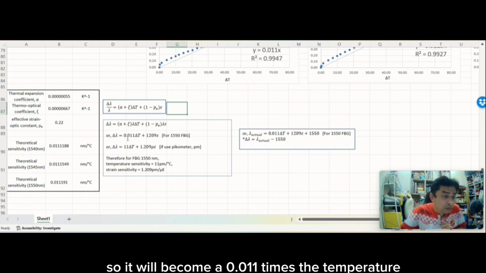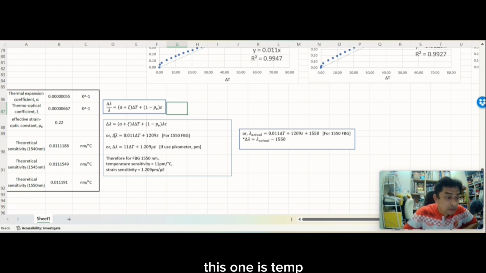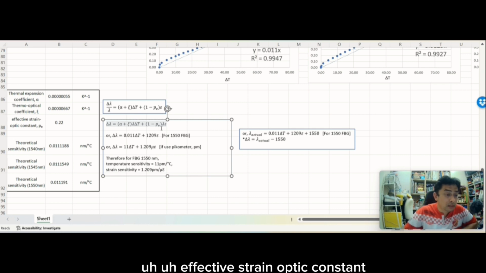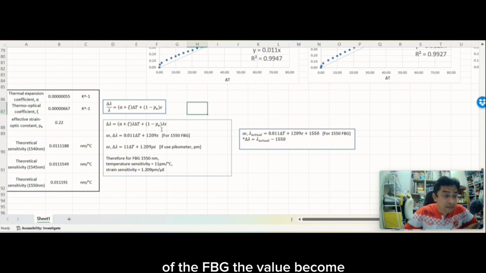It becomes 0.011 times the temperature change, delta T, which is the wavelength change, plus 1 minus the strain optic constant, which is 0.22 for normal fiber optics. If we multiply this by the center wavelength of the FBG, the value becomes 1209 times the strain value. So if you look at this equation, it's actually a linear equation.